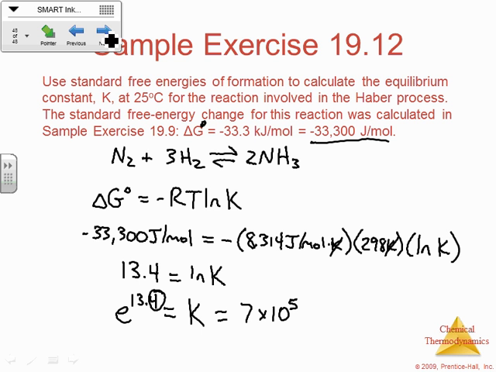So that's your answer there. So let's think about that for a second. That's a pretty large equilibrium constant, right? For this reaction, which should tell us what? The right is highly favored here, okay? Which is interesting because it doesn't really happen quite as much as you would think it would for that large equilibrium constant at that temperature.